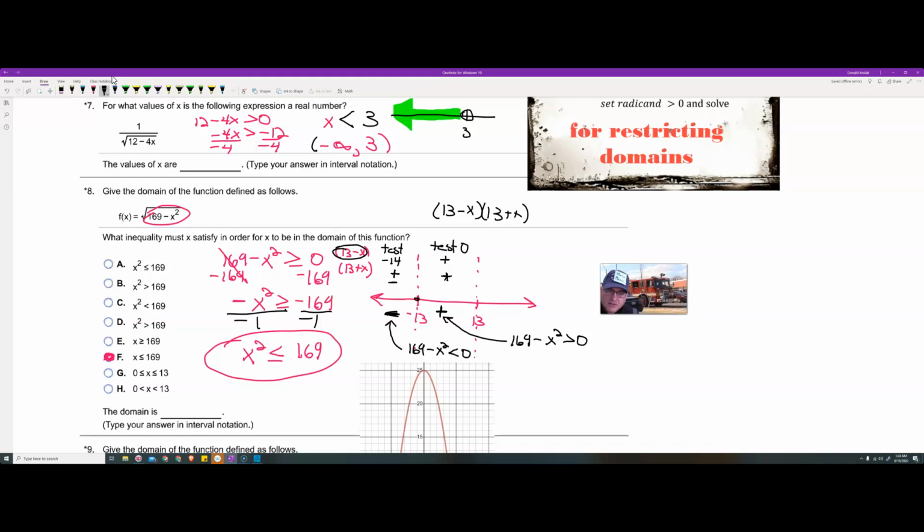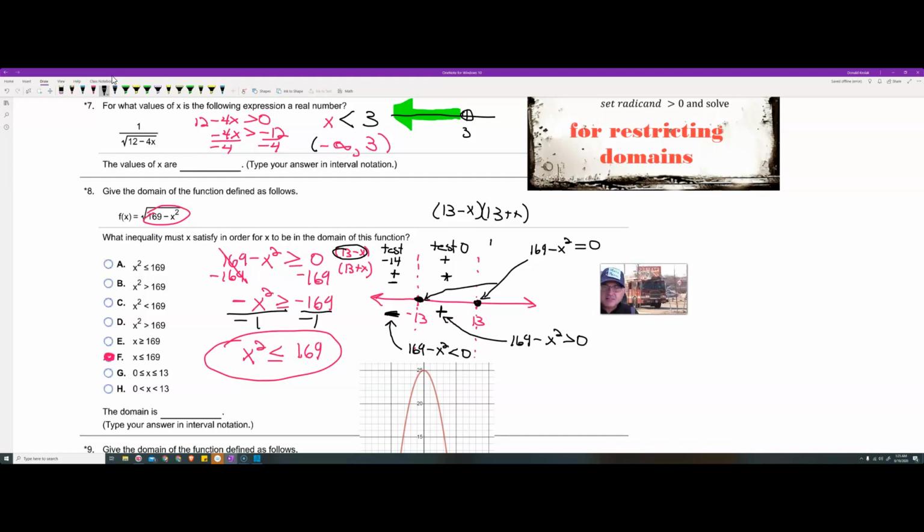Now it's equal to 0 at these 2 points. So at that black dot there, 169 minus x squared equals 0, right there and right there.